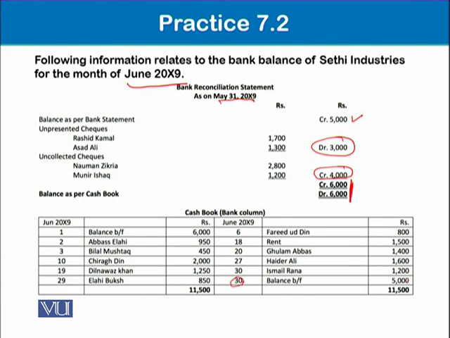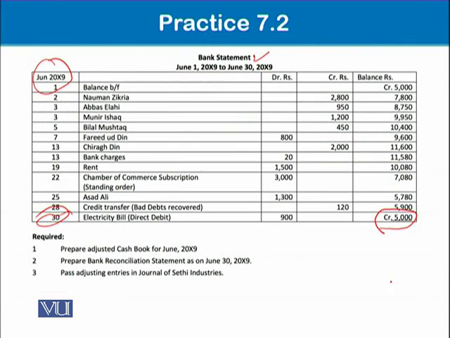If you remember, at the start of the bank reconciliation statement, I told you that despite the two balances being equal, look, on 30th June, 5,000 as per cash book, and on 30th June, 5,000 as per bank statement, even then we will be required to prepare a bank reconciliation statement.